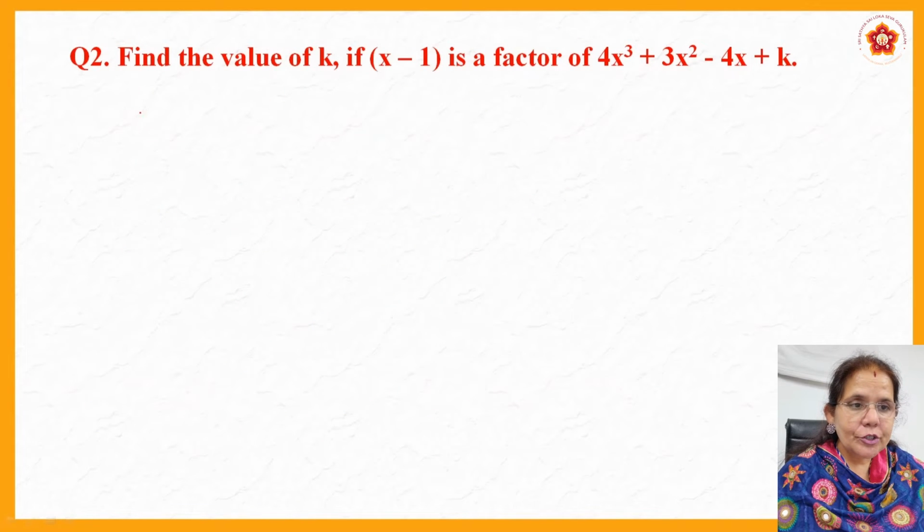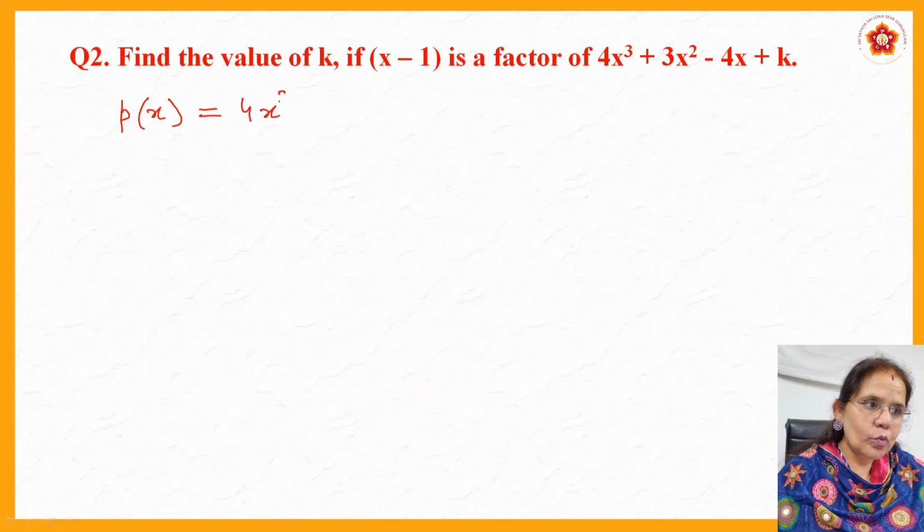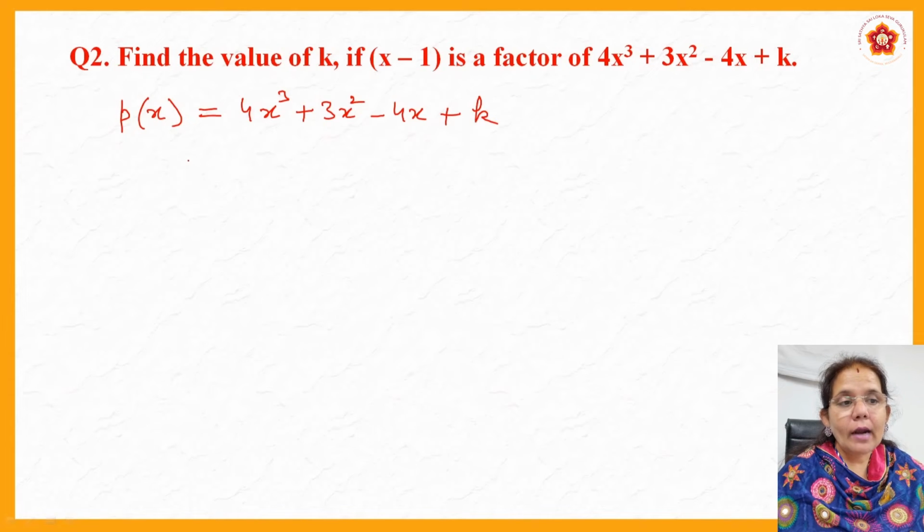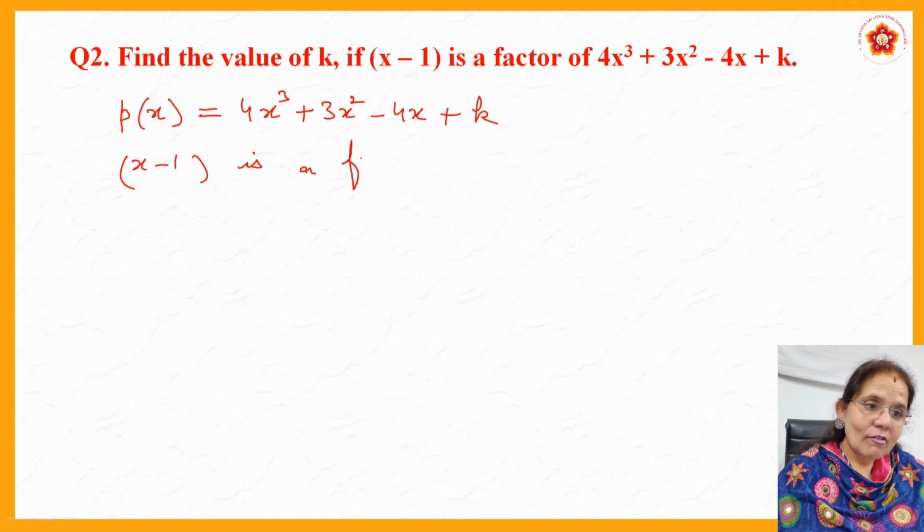Let's do another question here. In this question, our p(x) is 4x cube plus 3x square minus 4x plus k. And we are already given that x minus 1 is a factor of p(x). This is given to us.